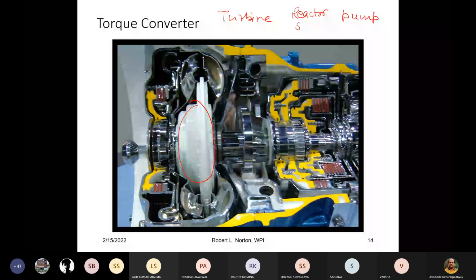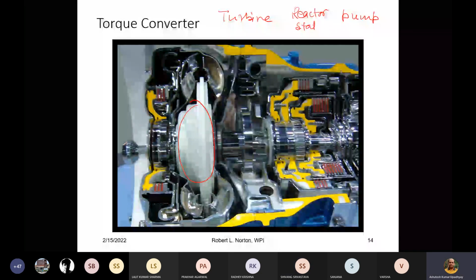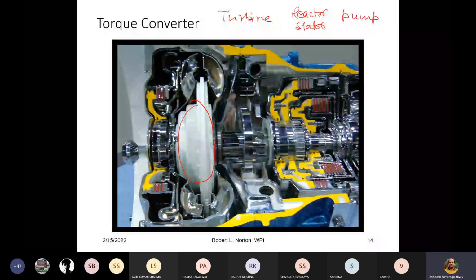Sometimes it is called a stator, like in Norton's book. This reactor also has blades along its periphery. If you see, this turbine is connected to the output shaft and this pump is connected to the input shaft.